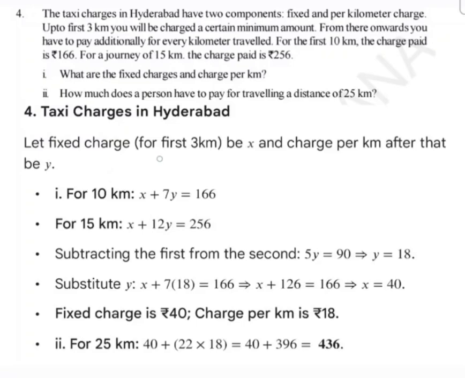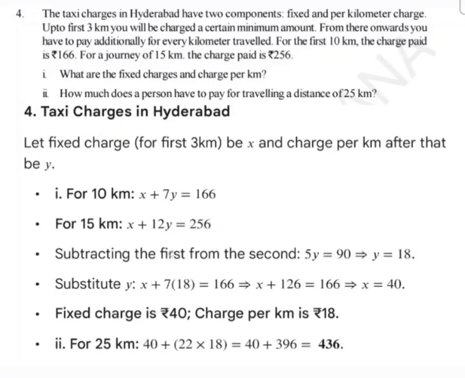Now let the fixed charge for the first 3 kilometers be x and the charge per kilometer after that be y. For 10 kilometers, x plus 7y equal to 166. And for 15 kilometers, x plus 12y equal to 256.